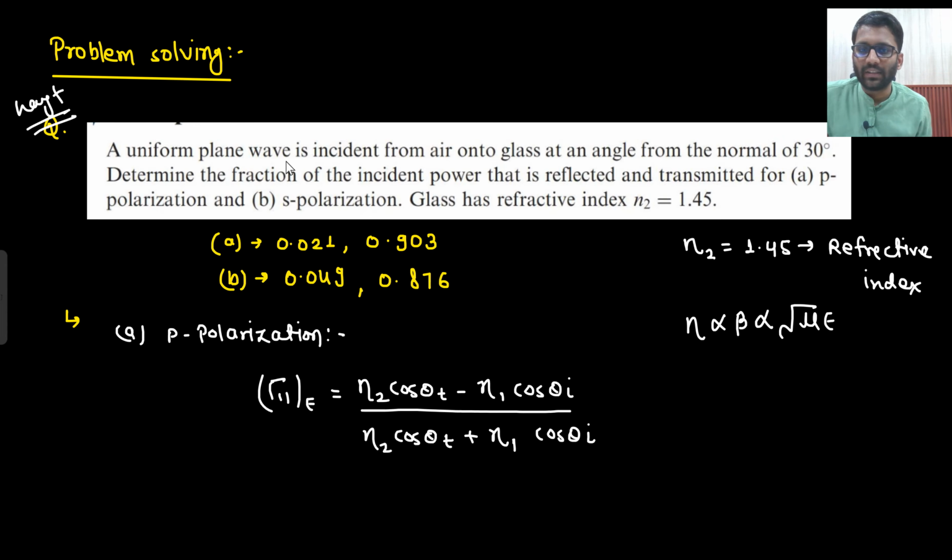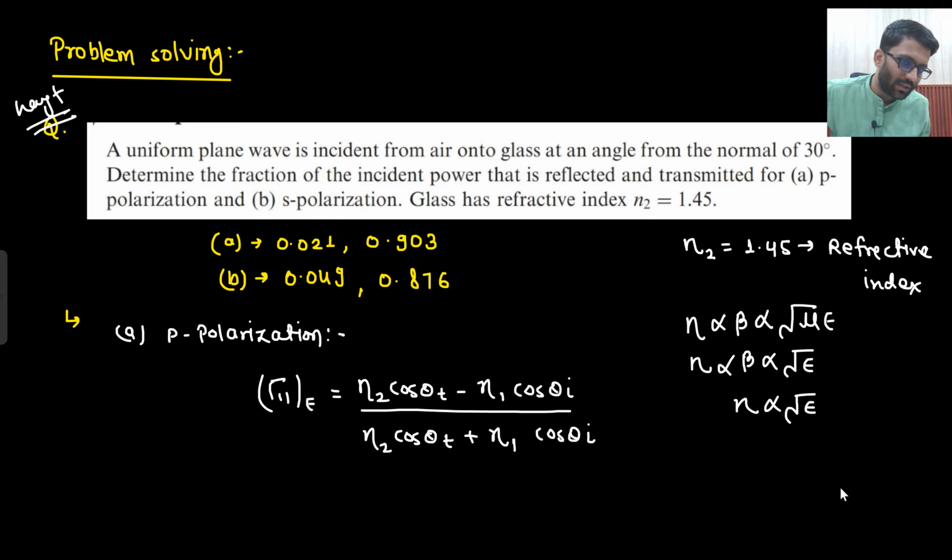They must have given that it is a non-magnetic material, but you need to consider it non-magnetic. So beta is proportional to under root epsilon only, and that is proportional to the refractive index. So n is proportional to under root epsilon.